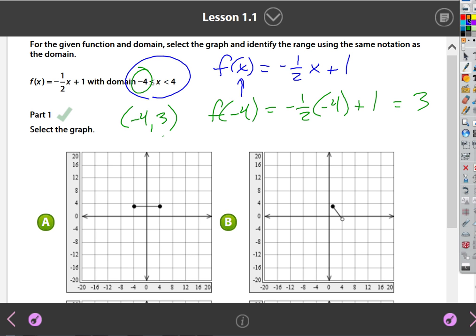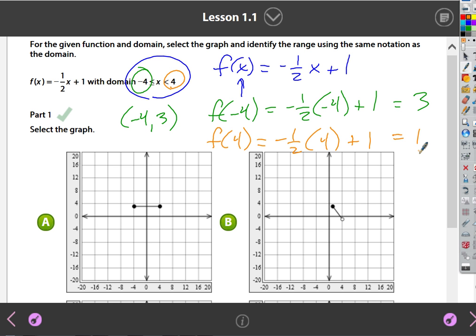Okay, let's look at the other endpoint. The other one is at positive 4. So f of positive 4 is going to be -1/2 times positive 4 plus 1. What's -1/2 times positive 4? -2 plus 1 is -1.